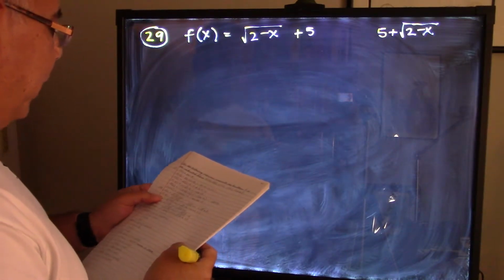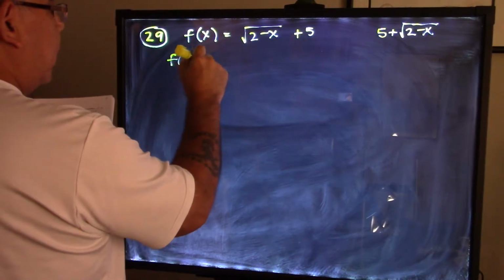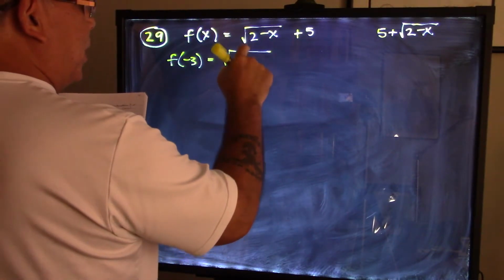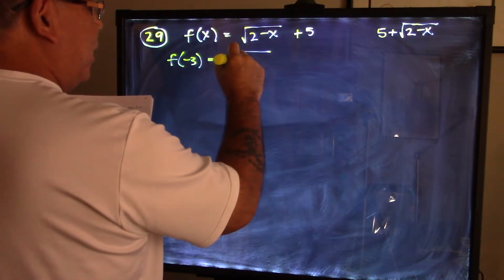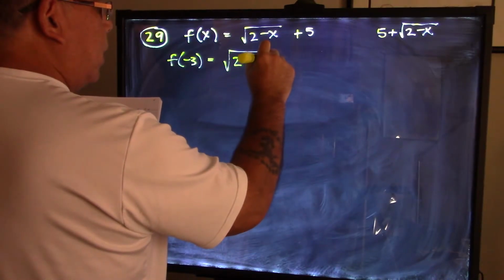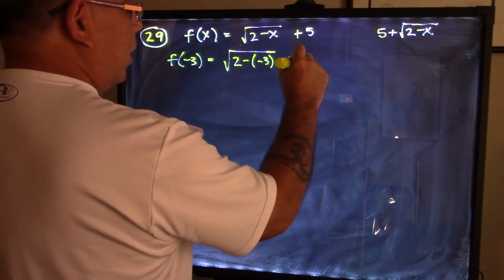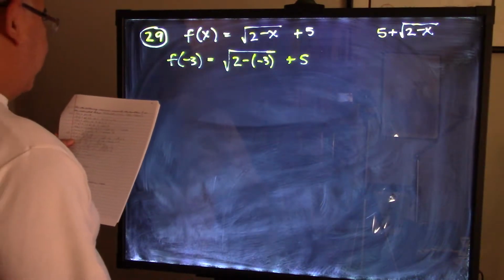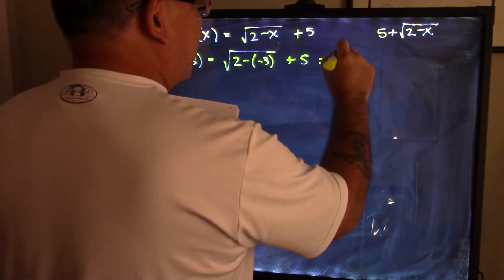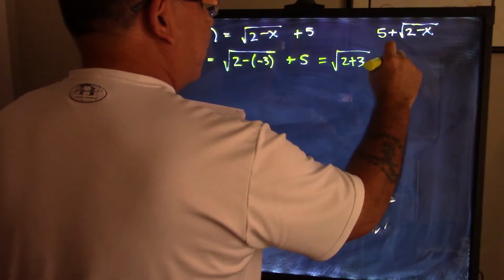And now let's see, f of negative 3 equals square root of, instead of the x you write a negative 3. It's going to be 2 minus negative 3. So here parentheses really help. And then plus 5. Alright, so that's equal to, minus a minus is plus, so that's square root of 2 plus 3, and then plus 5.